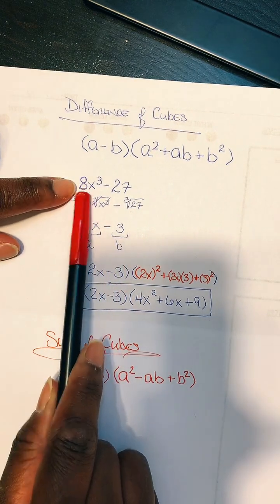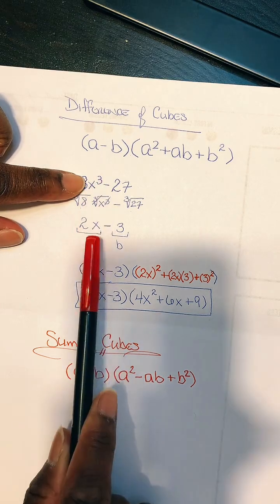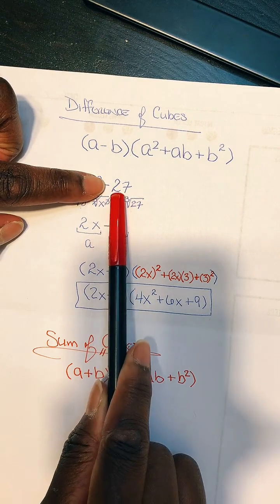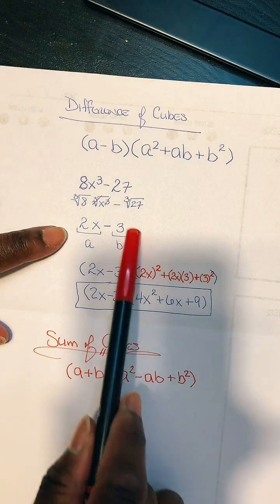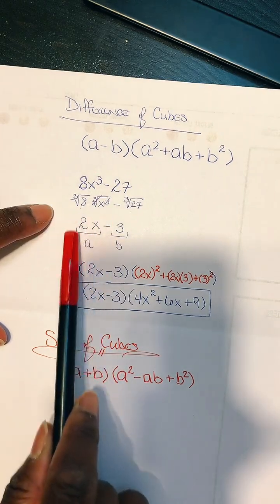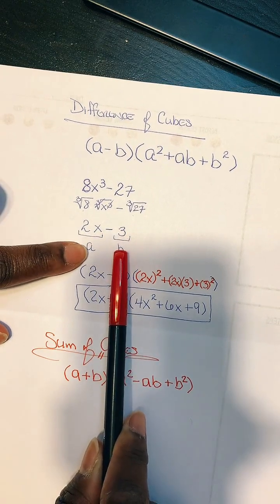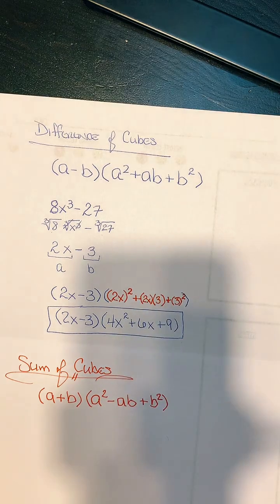So the cube root of 8 is 2. The cube root of x cubed is x. Bring down the minus sign. And the cube root of 27 is 3. So once you find out what the value of A is going to be, what the value of B is going to be, then you plug it into the remaining parenthesis.